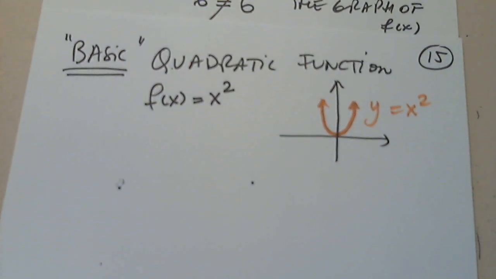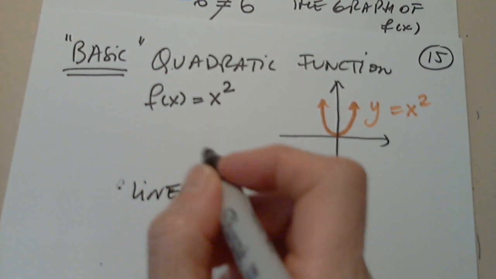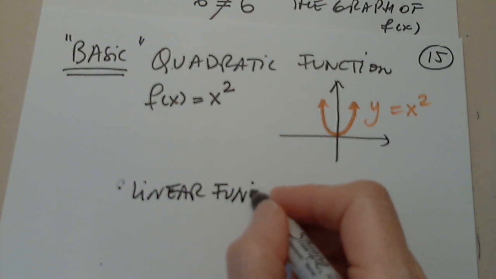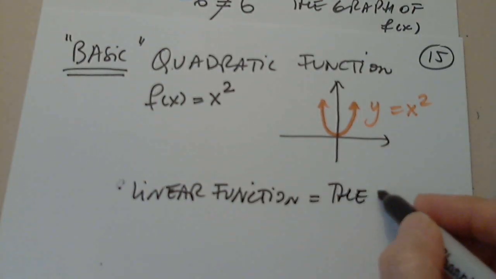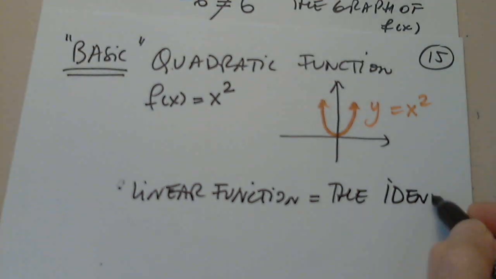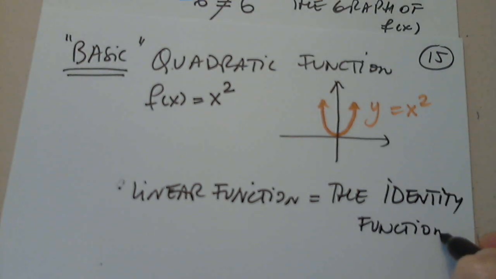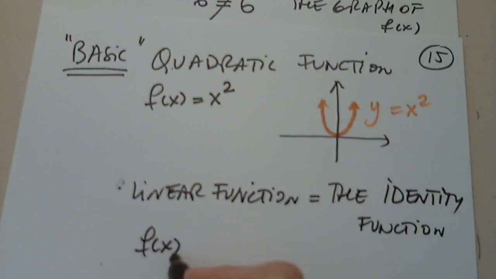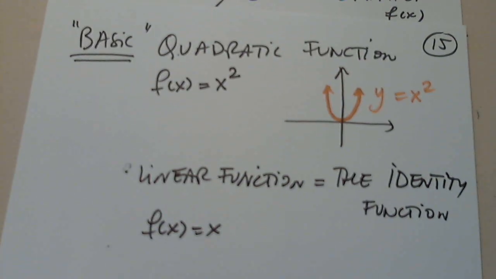The simplest linear function. The basic, or the simplest linear function. It's also called the identity function. You'll see why. Because f of x, which is y equals x. Y equals x. Y is identical with x. The identity function.